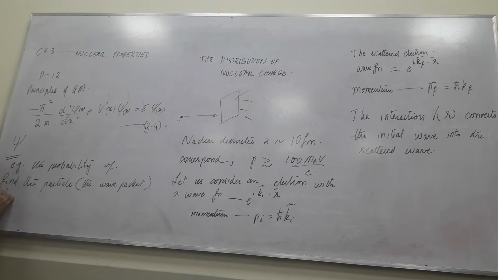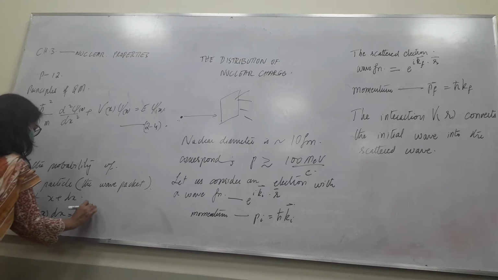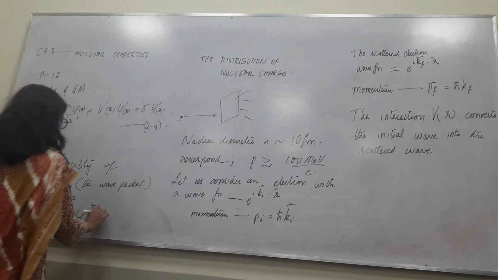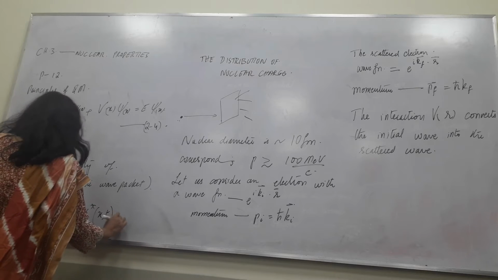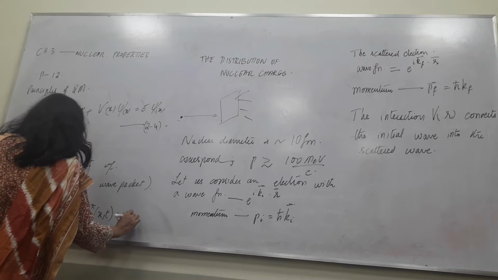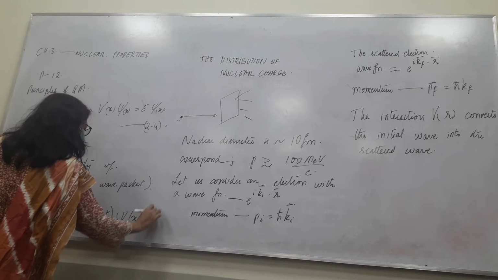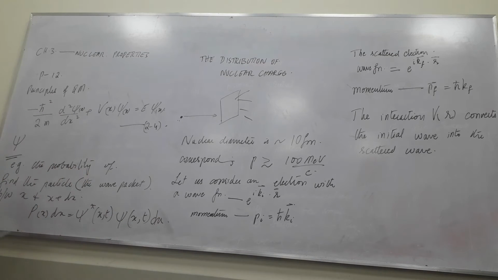This will be given by the probability equal to the conjugate of this function multiplied by the wave function. So, psi star is the conjugate.